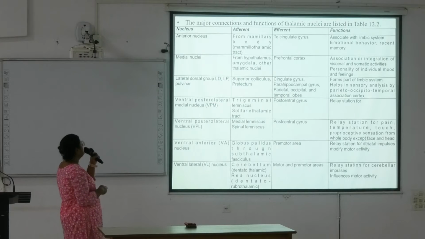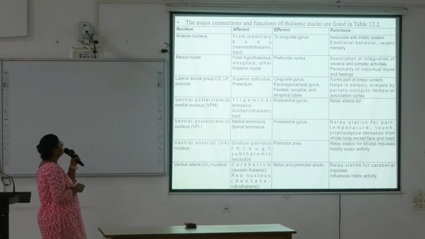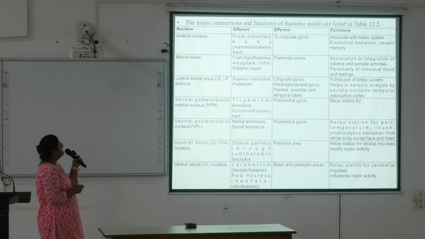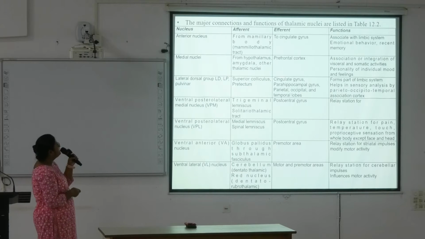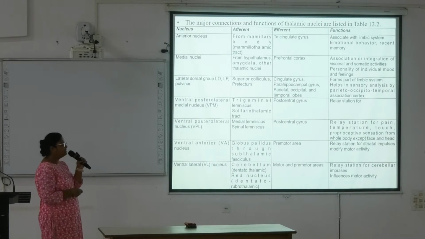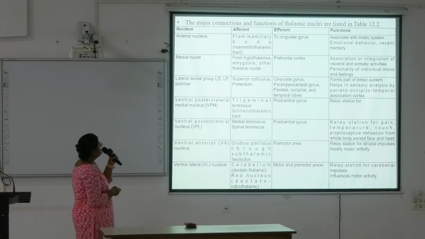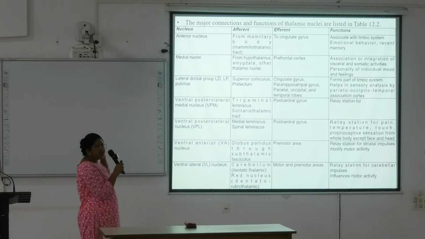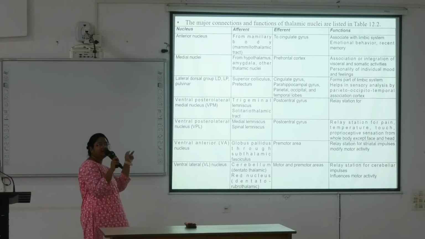Next we go to the lateral dorsal group: lateral dorsal, lateral posterior and pulvinar. It gets afferents from the superior colliculus and pretectum, and efferents go to the cingulate gyrus, parahippocampal gyrus, and parietal, occipital, temporal lobes. Okay, you have seen in the previous picture the afferent and efferent connections.